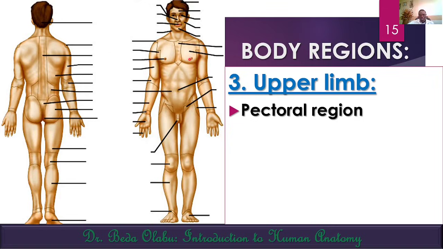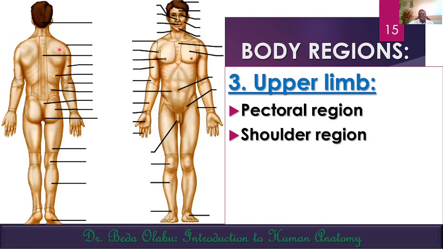This region of the upper limb that's attached to the anterior, the front part of the chest, is what we call the pectoral region. Then this region of the upper limb that also extends slightly to the back, that's what we call the shoulder region.